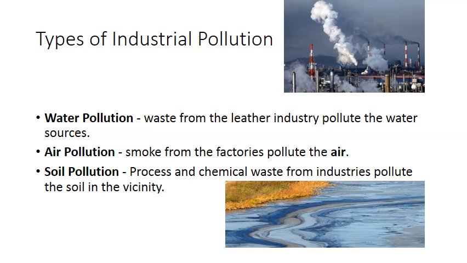Chemical fertilizers and pesticides used in farms may seep through the soil with water and pollute groundwater sources as well. These substances may also pollute water bodies if they are carried into them by water flowing away from farms.